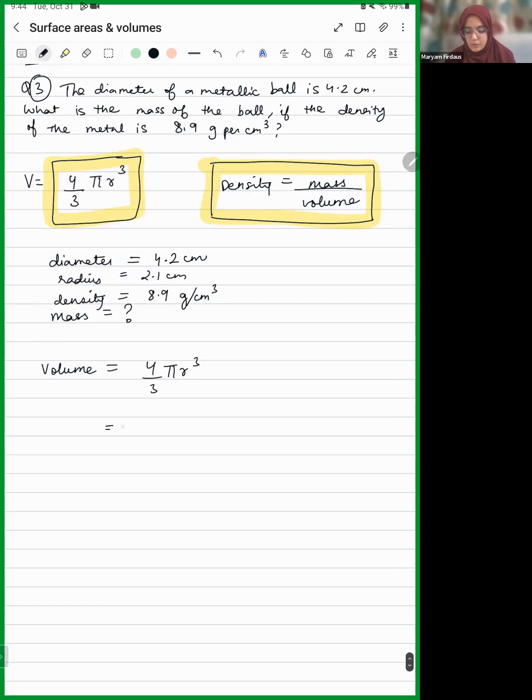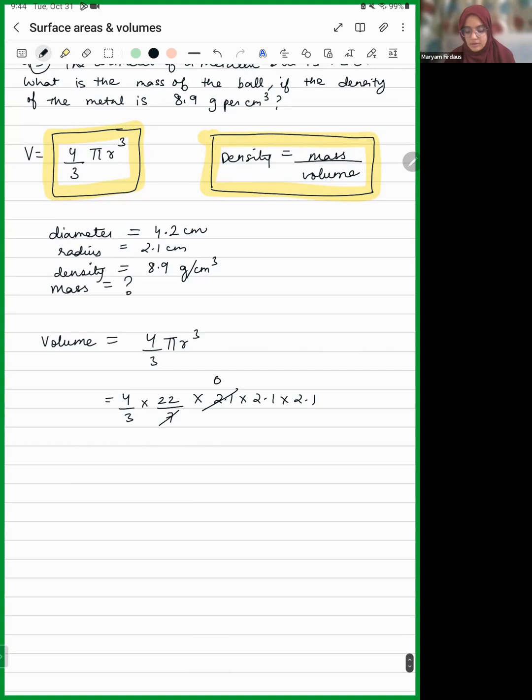It is equal to 4 by 3 into 22 by 7 into r cube, which is 2.1 into 2.1 into 2.1. Quickly, someone tell me how much will the volume come out to be?